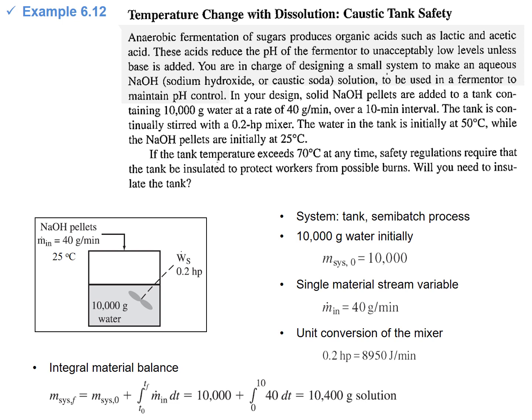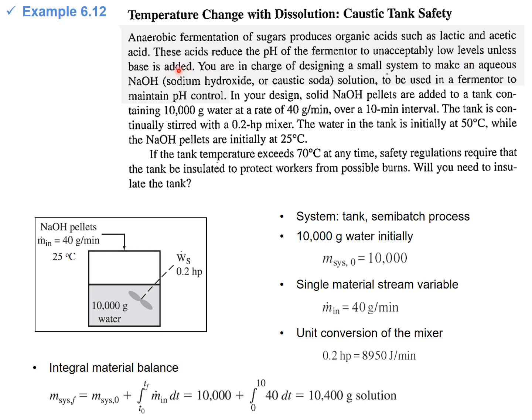Here is example 6.12. Temperature change with dissolution. Caustic tank safety. Let me try to follow the problem statement. Anaerobic fermentation of sugars produces organic acids such as lactic and acetic acid. These acids reduce the pH of the fermenter to unacceptably low levels unless base is added.